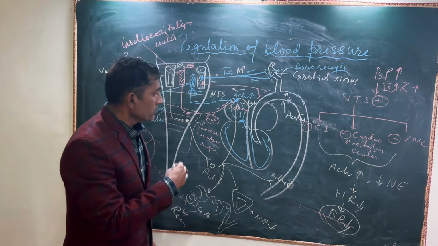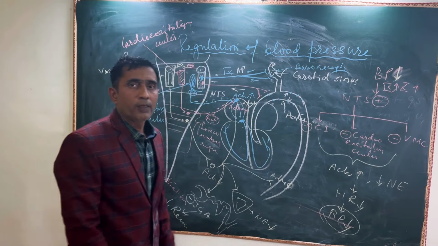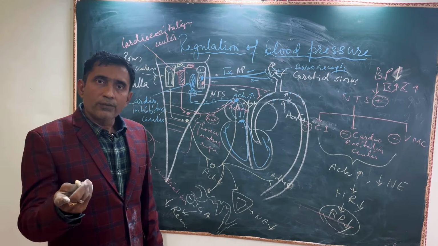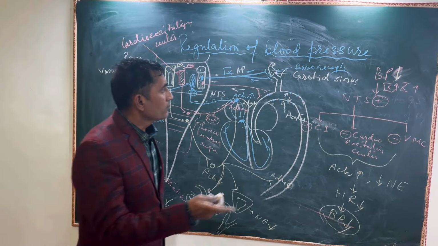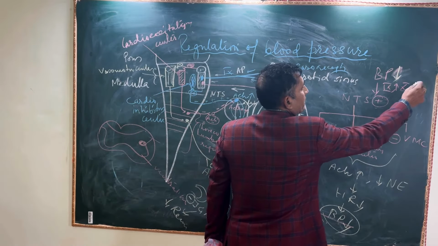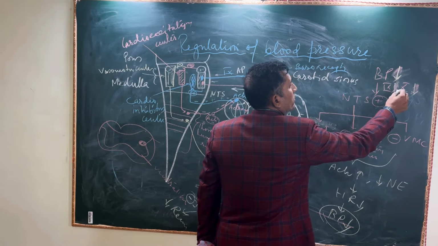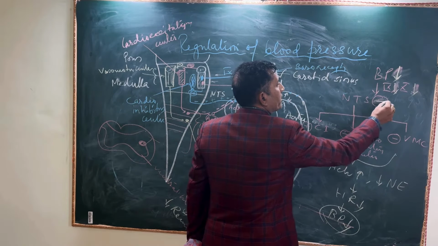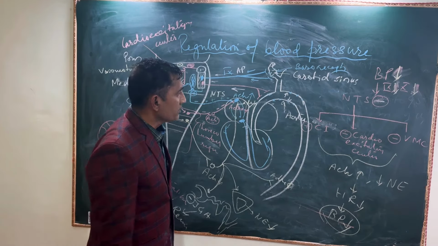Now coming to the opposite scenario, where the blood pressure is reduced. Just the opposite way, if the blood pressure is reduced, then the activity in this neuron is also reduced. Then nucleus tractus solitarius is inhibited.